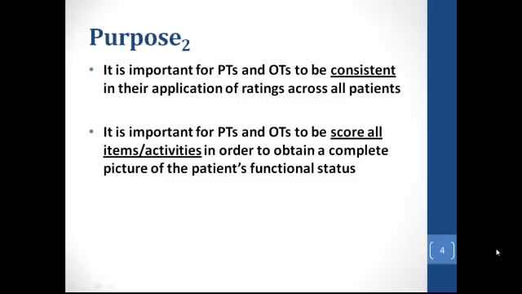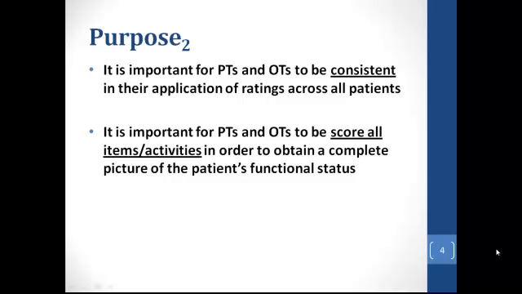It is worth repeating that even if a particular task or activity is not going to be the focus of your therapy program, you still must score those items. The CARE item scores add up to be a composite score of the patient's overall function. So if items are left not scored, then the patient's overall level of function in self-care and mobility will be lower than it should be.